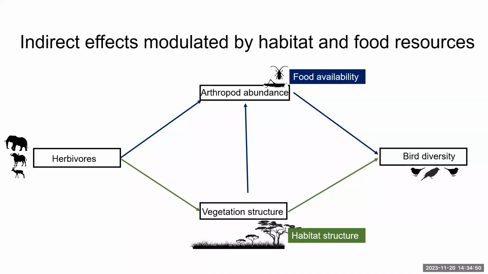Specifically, large herbivores have a direct impact on vegetation. At the same time, they have a direct effect on arthropod communities. But large herbivores may also impact arthropod communities through impacting vegetation structure. So we're testing these dynamics.